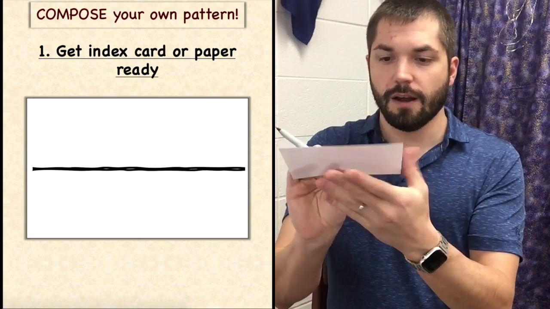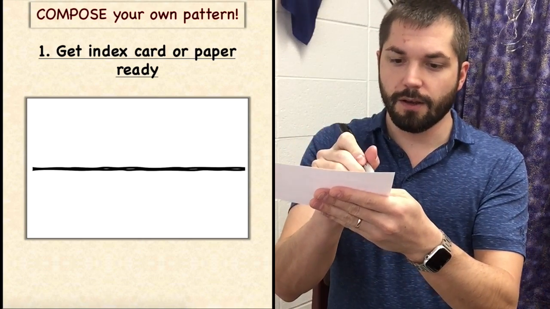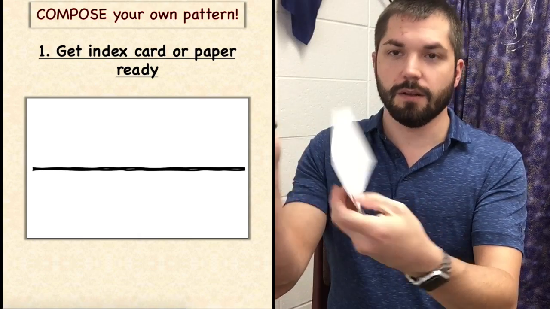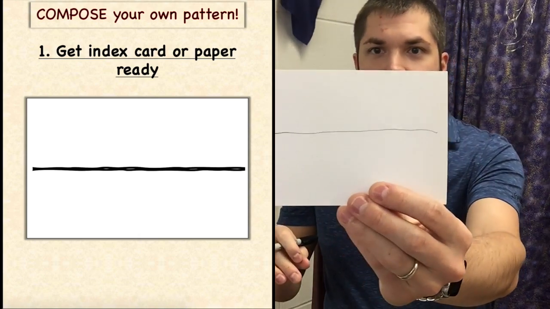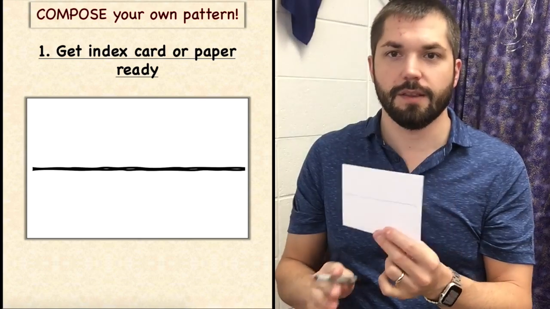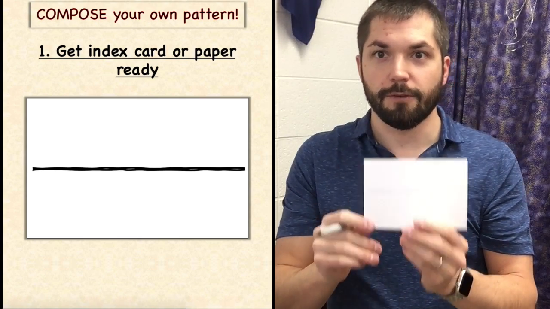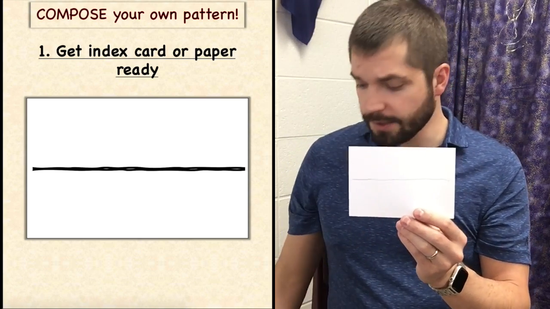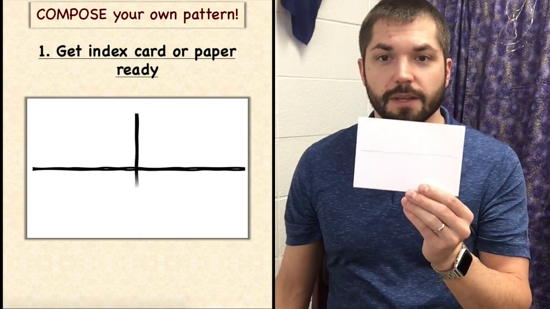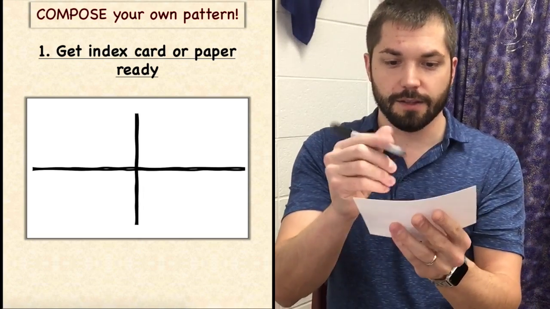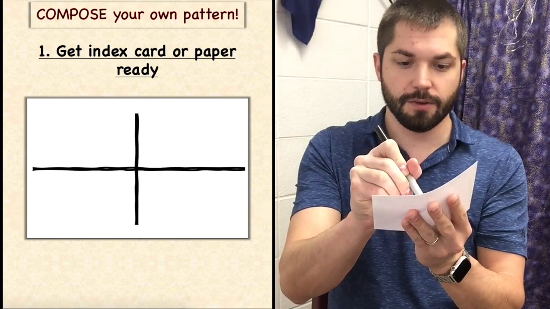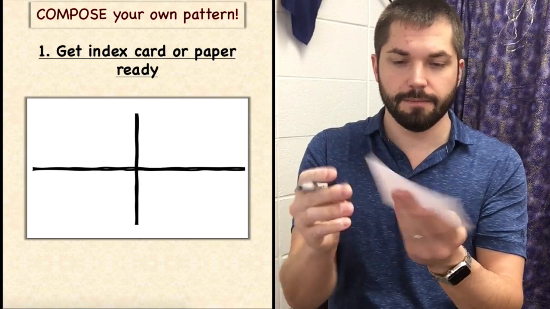Take your card, and we're going to draw a line all the way across the middle lengthwise, like that. Doesn't matter if it's real straight or anything. Okay, if you've got that done, we need to also draw a line from top to bottom in the middle. So let's do that. I'll take my pen, carefully draw a line top to bottom.